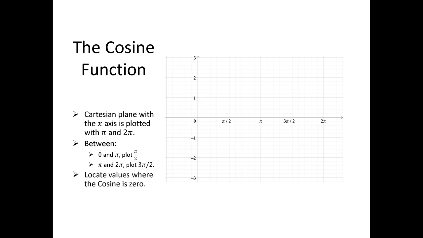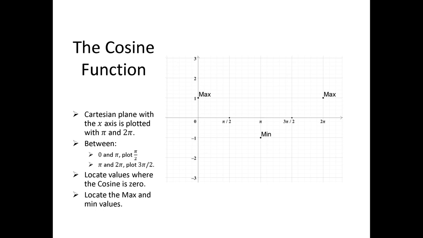They're precisely the points at pi over 2 and 3 pi over 2. And lastly, similar to the sine function, we have to locate the maximum and the minimum points. For the cosine function, this occurs at 0, a maximum, pi, a minimum, and another maximum at 2 pi.